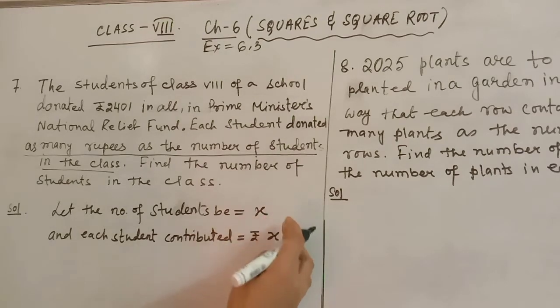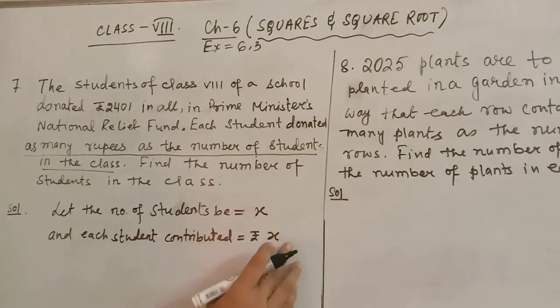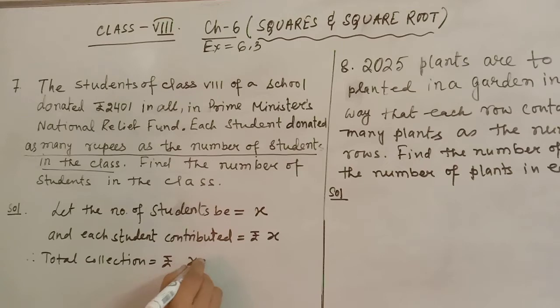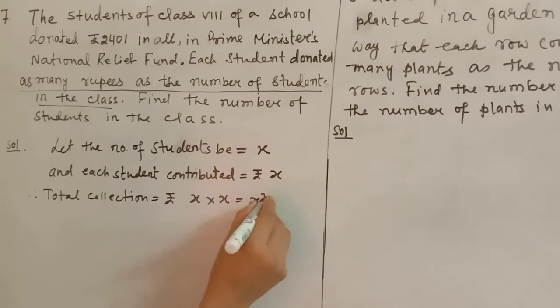As many students as there are, they contributed that much money each. So the number of students is x, and each student contributed rupees x. Therefore the total collection is equal to rupees x into x, that is x square.